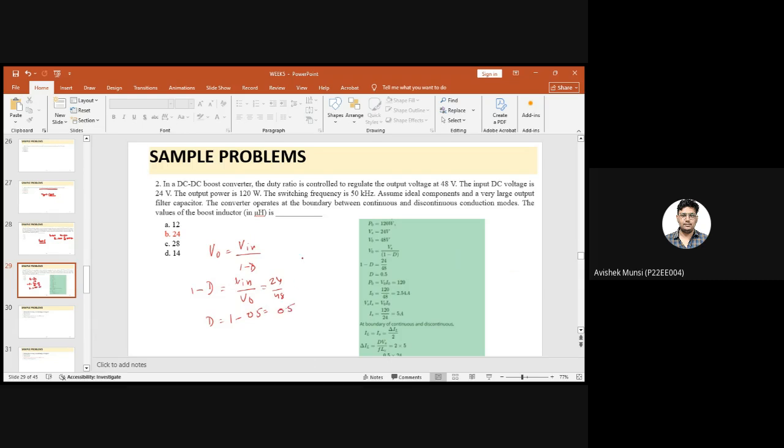Our duty is 50%. And we know in the case of any DC-DC converter, P0 is V0 into I0, which is DC, so we can multiply it. So that is equal to 120. So I0 will be 120 by my output, that is 24 here.